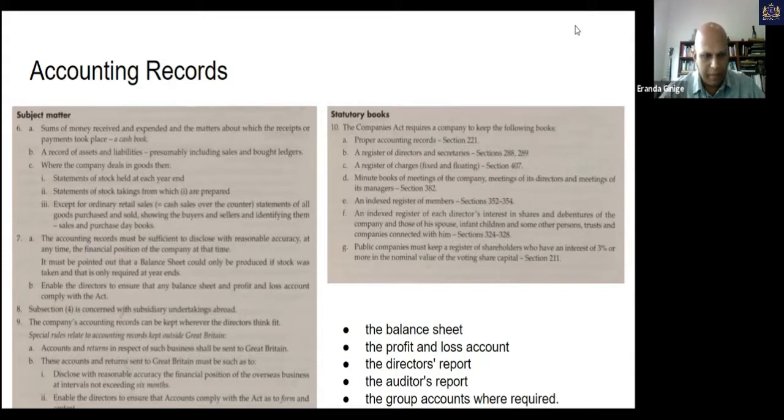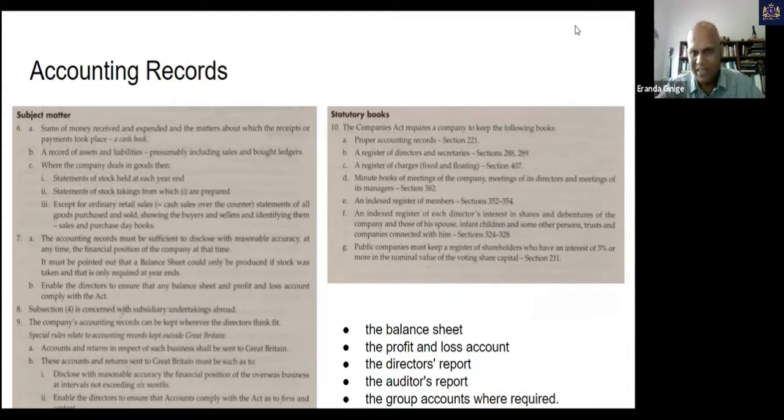So then the statutory books: the Companies Act requires the company to keep proper accounting records, obviously, a register of directors and secretaries. So a company needs to always maintain a register of their directors. These directors, as you know, can be executive directors as owners and non-executive directors.